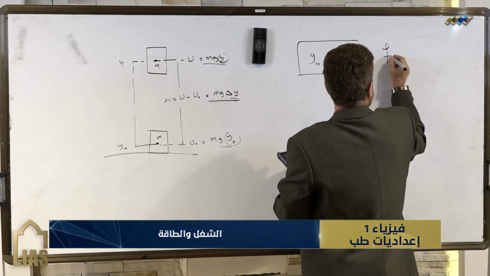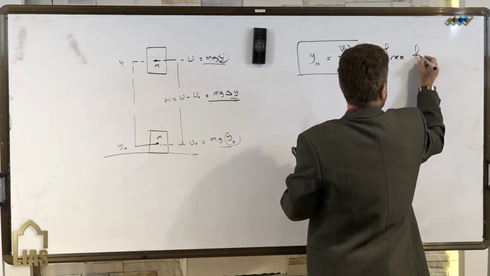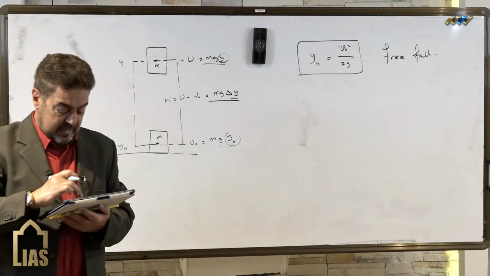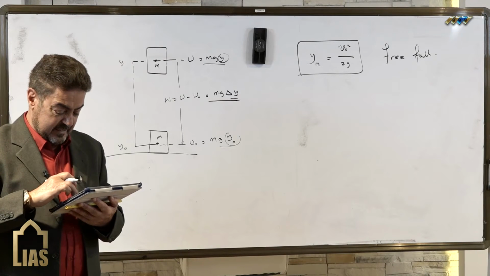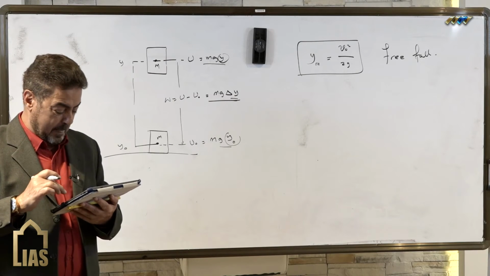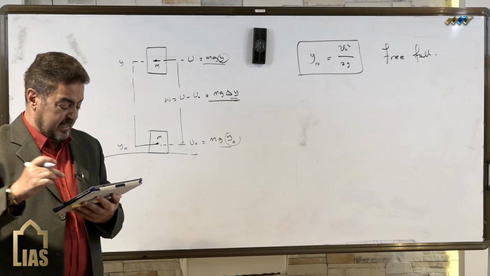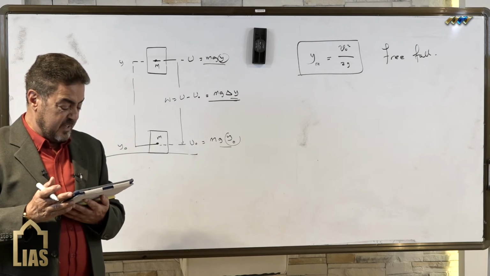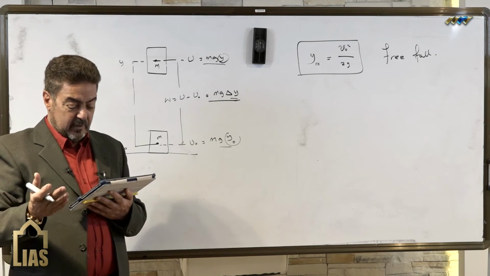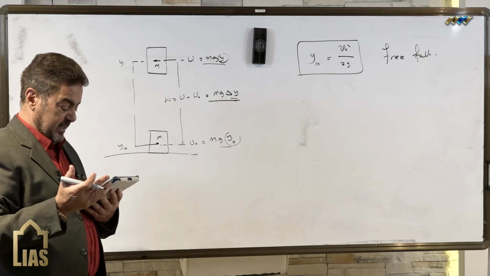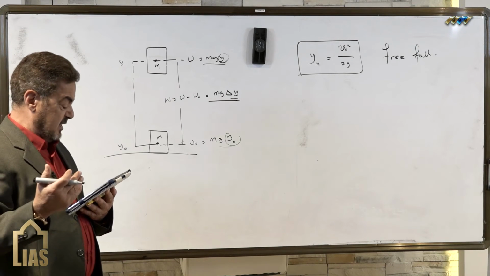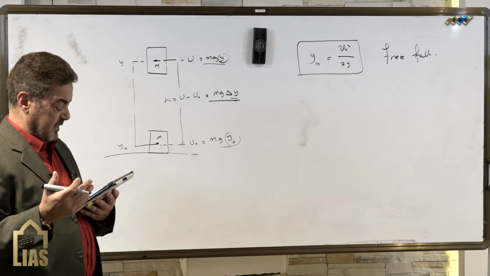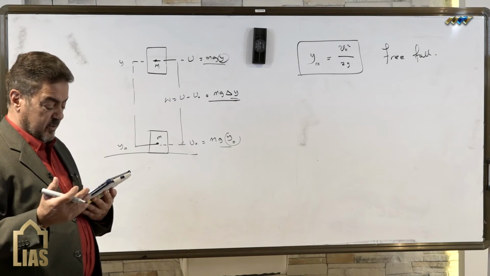We talked about this in free fall. It has nothing to do with this, but we have the example on page 141. We have U2 here, and U2 is mgy.